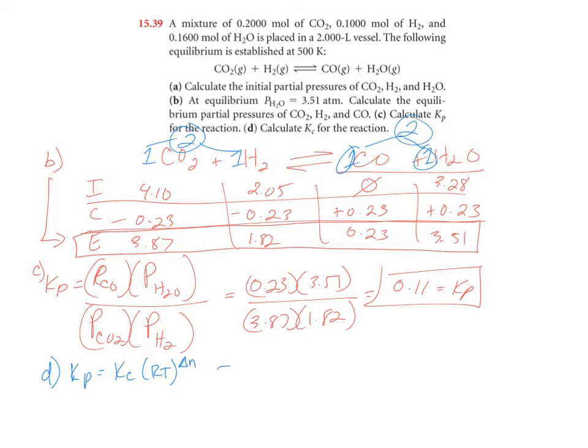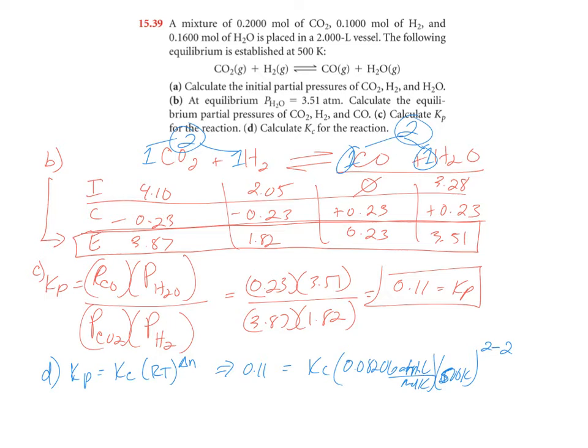We do have K sub P, so let's substitute that in. We're looking for K sub C. R is 0.08206 atmospheres liters, T is 500 Kelvin, raised to a power of delta N, which is 2 moles of products minus 2 moles of reactants.